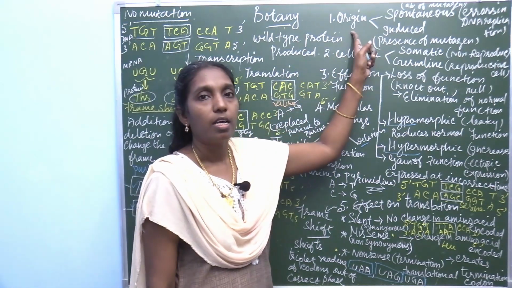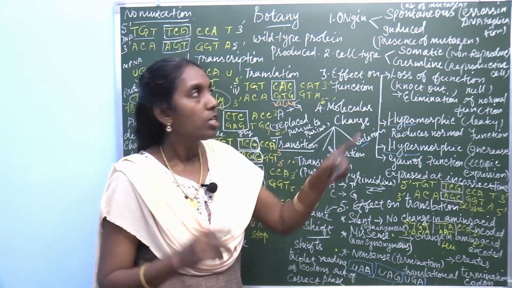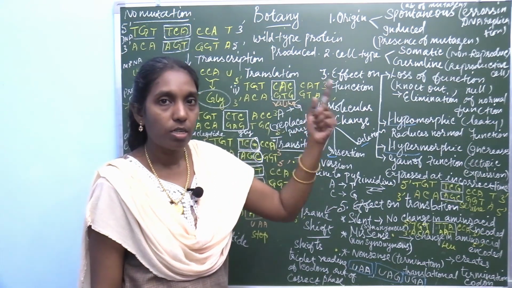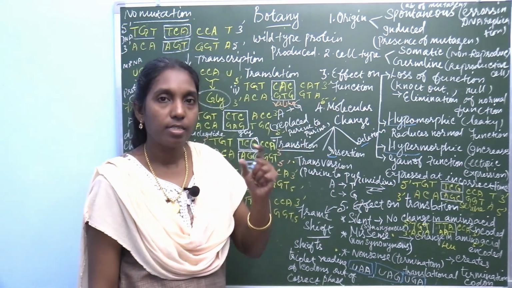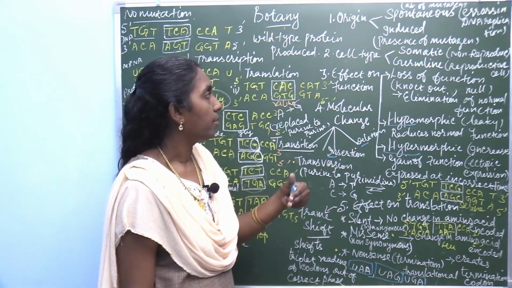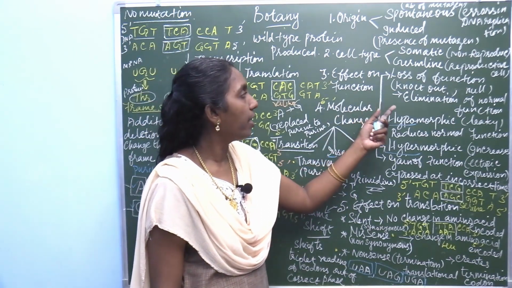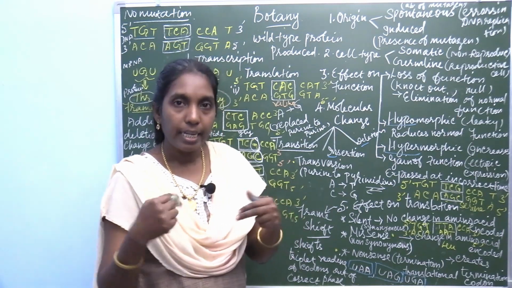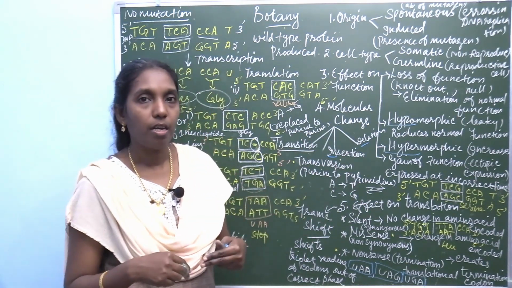First, based on origin it is classified into 2: spontaneous and induced, and you learn the definition of spontaneous and induced. Then based on cell type there are 2 different types, somatic and germline. Based on effect on function it is classified into 4 different types: loss of function, gain of function, hypomorphic, hypermorphic.